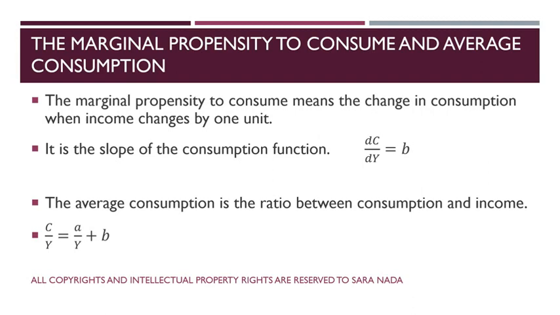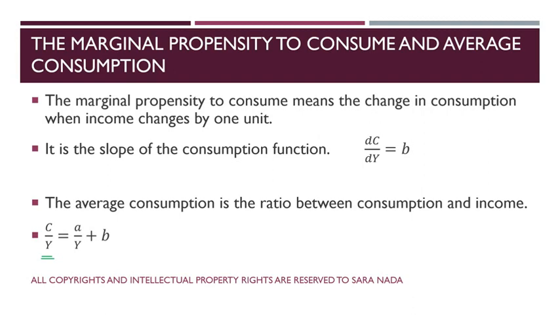Now let's move to defining the average consumption. The average consumption measures the ratio between the consumption and income. So average consumption is the level of consumption divided by the level of income or output. This means that C over Y, this fraction here, is just the average consumption.